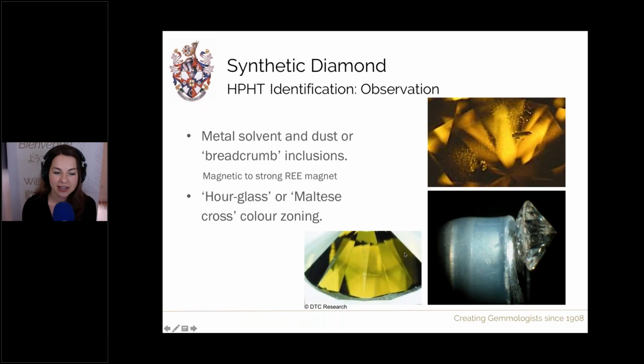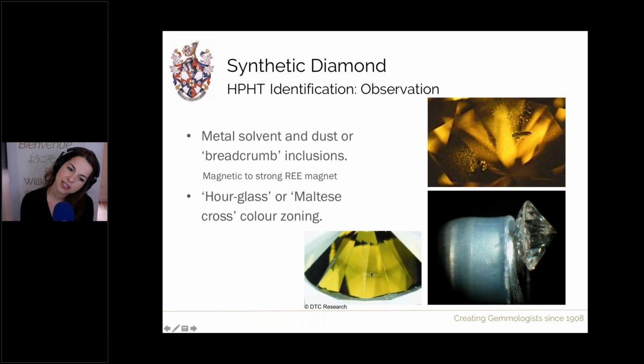Another feature that we can look for in these gemstones are color zones. So natural diamonds can have color zones within them, but in synthetic HPHT diamonds, they have very particular shapes, and these really reflect the growth of this synthetic. So they're reflecting the cubo-octahedral growth that they grew within. And these shapes are either known as an hourglass color zone, which is what's shown here within this picture.